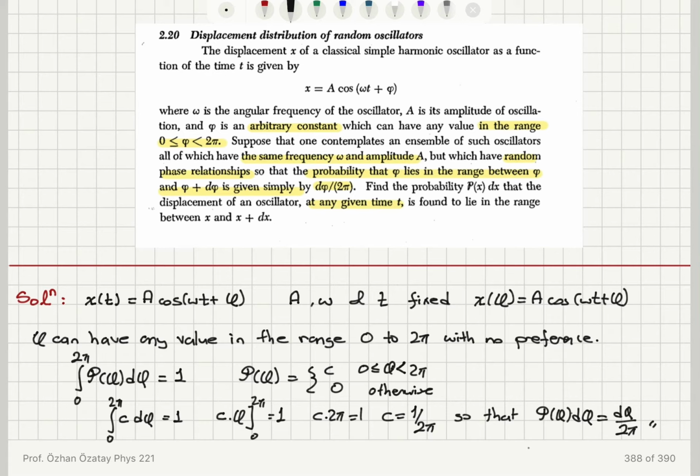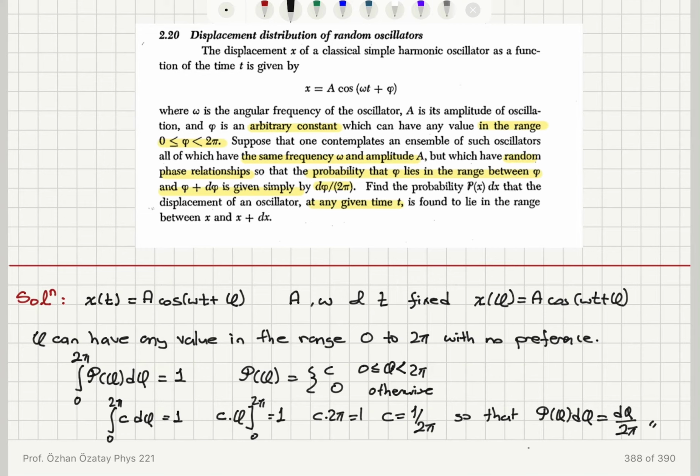And so we would like to know, given that the angle phi can take any value between 0 and 2 pi with equal probability, what would be the probability distribution function of x dx for any given time t. So a, omega, and t are fixed. Phi is a random variable that takes values in the range 0 to 2 pi, and we would like to know the probability distribution of x.